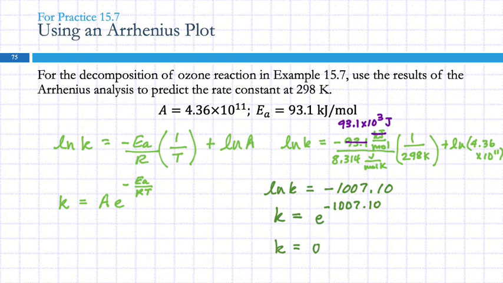The 10 to the 3 divided by 8.314 over the temperature. You got negative 10? Okay. Yeah, me too. I got this number. Yeah. So I must have messed up somewhere in here.